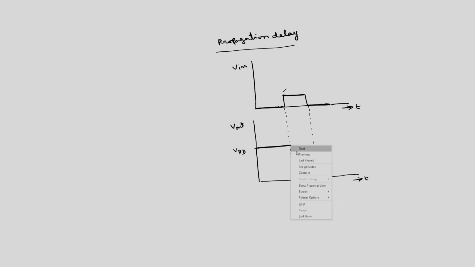So, it will come like this, and then again it rises with some slope to VDD, because the input is 0 again and the output will be VDD.